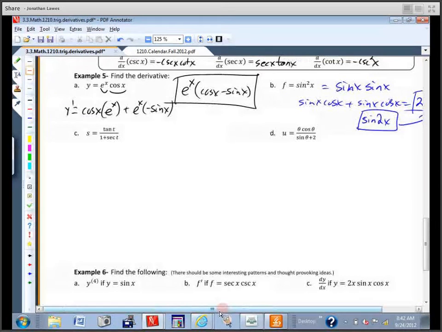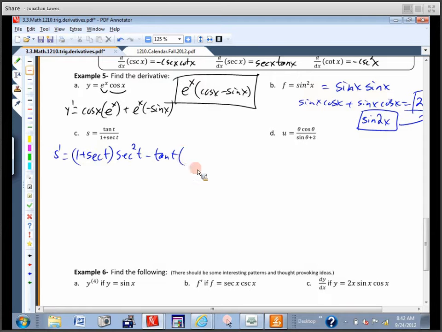Okay? Fundamentally, what's going on here? Quotient. So we're going to have to do the bottom, just blindly write down the bottom, times the derivative of the top. Derivative of the top is secant squared, minus the top times the derivative of the bottom.